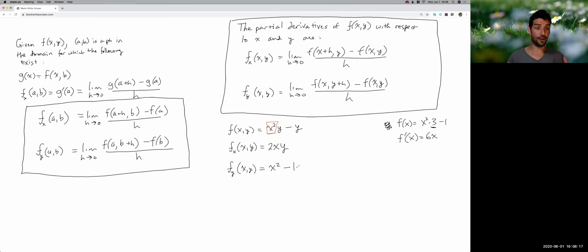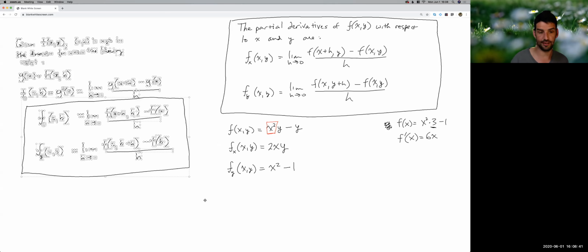So all of our regular derivative rules still apply. The big challenge is training your eye to look at an x or a y and keep one of them as a constant and one of them as the variable, right? So the one that you're taking the derivative with respect to is the one that's the variable, and the other one is the constant. Let's do a couple more examples.